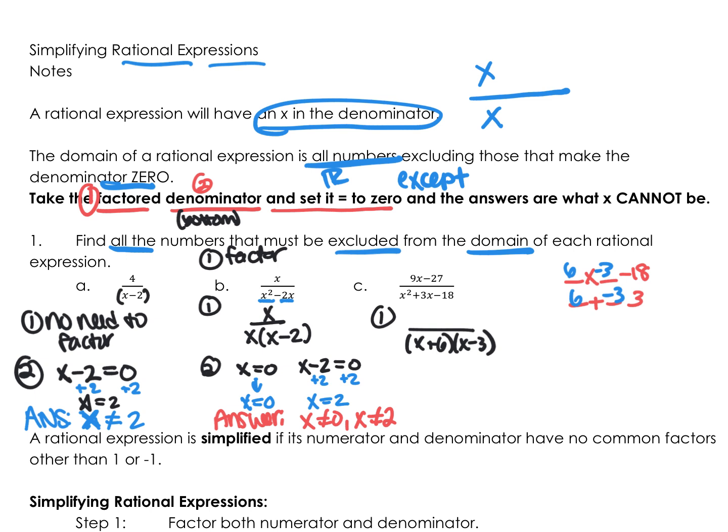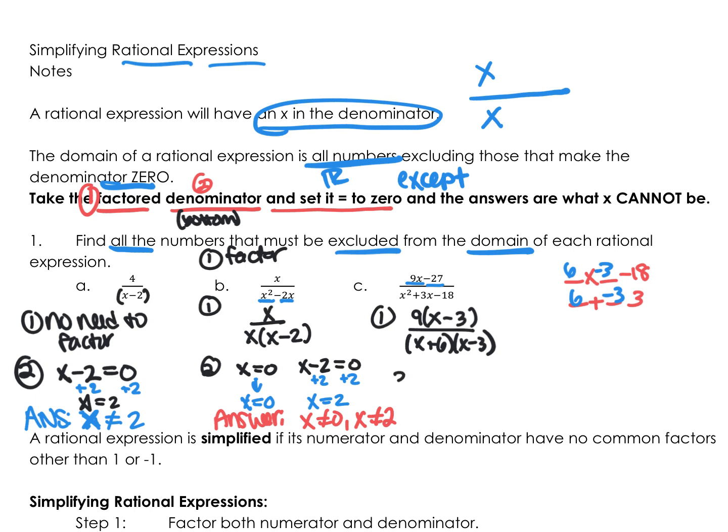The top is only 2 terms. So if there's 2 terms, look to see if there's a common factor. Well, 9 and 27 are both divisible by 9. So we're going to factor out a 9 out of the top and write down what's left in the parentheses. Take a 9 out of the 9x and you're left with x. Take a 9 out of the 27 and you're left with 3.